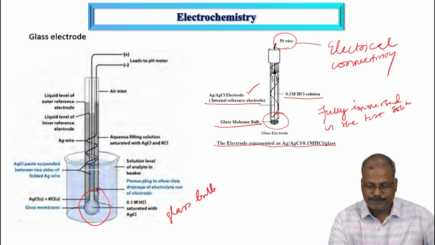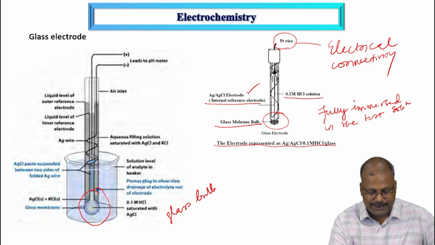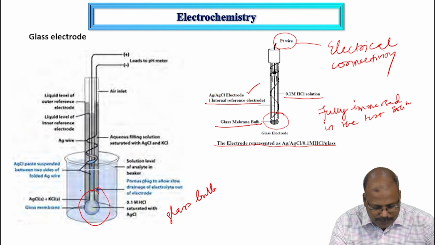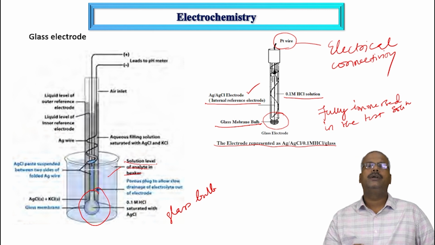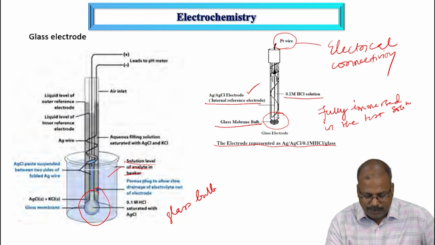So here is the internal reference electrode, this is the glass membrane, and this is the AgCl electrode. In this beaker we have the solution of analyte which you are going to test. This is a porous plug here for drainage of electrolytes of the electrode.